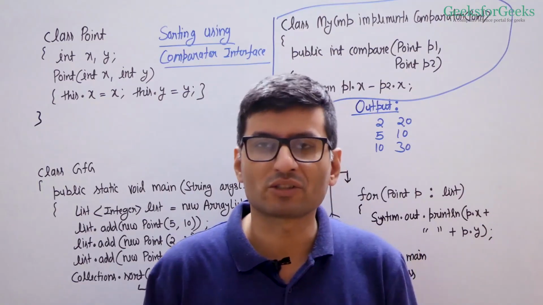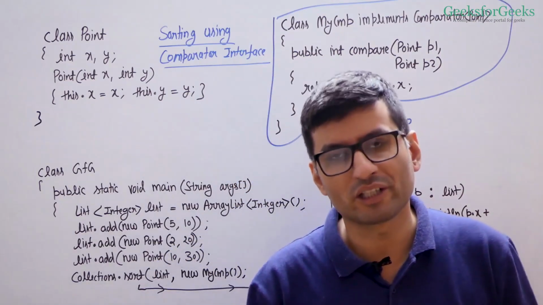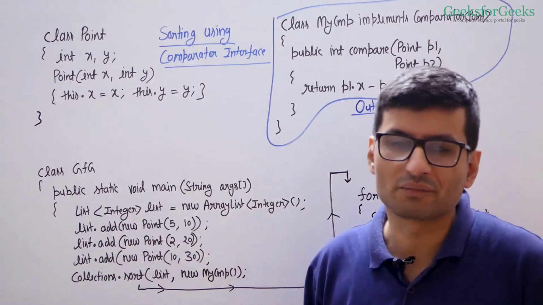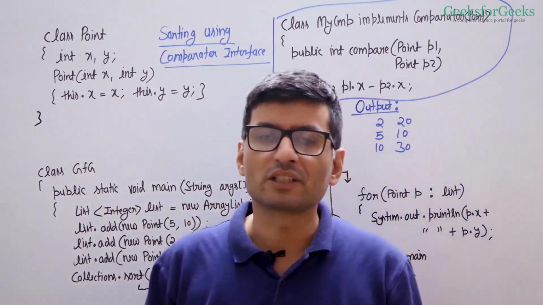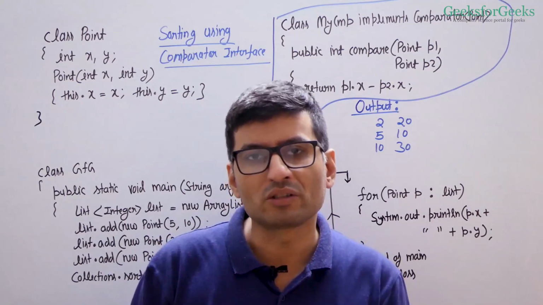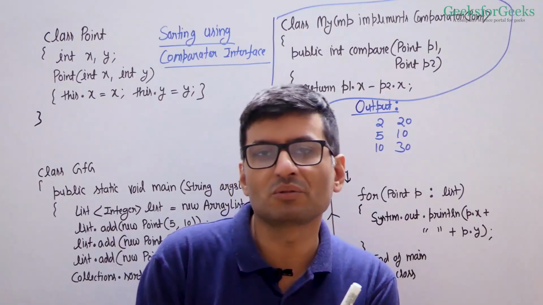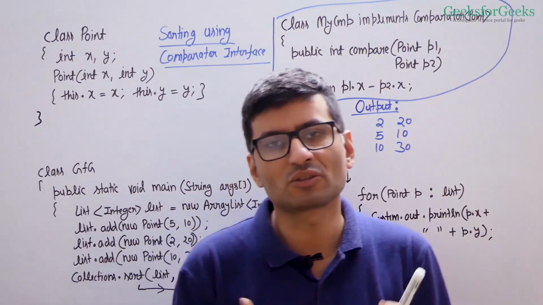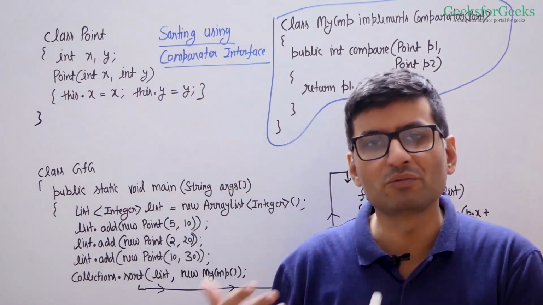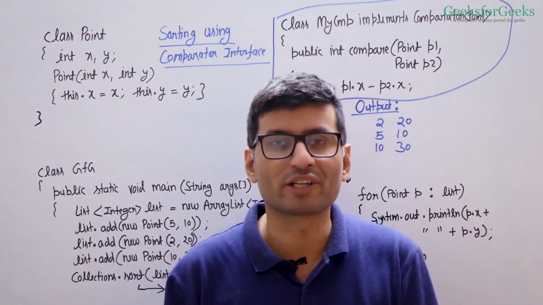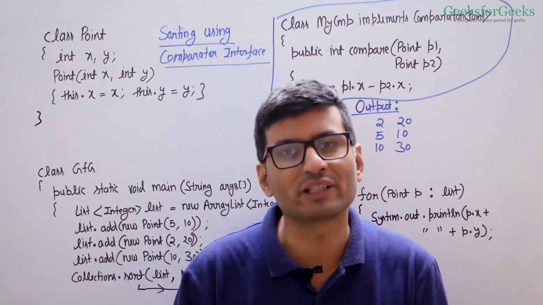But in collections.sort, there are mainly two declarations, one that does not take a comparator and one that takes a comparator. One thing is, in collections.sort, we cannot use sort function to sort a sub collection like we can do for sorting a subarray. That function is not there. So we have only two functions in collections.sort, and these two functions serve the purpose for all data types, for all collections that implement list interface.